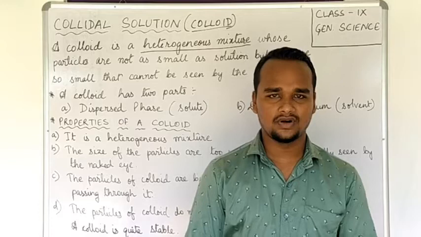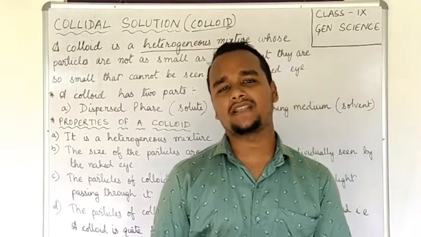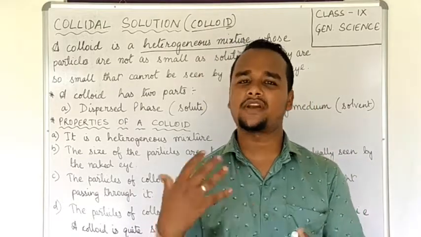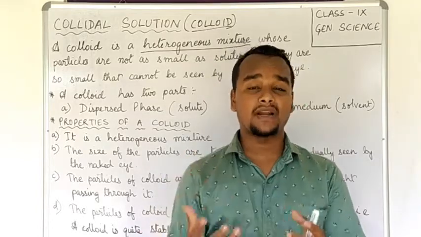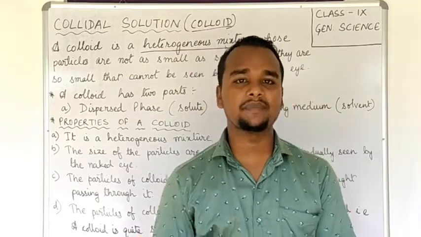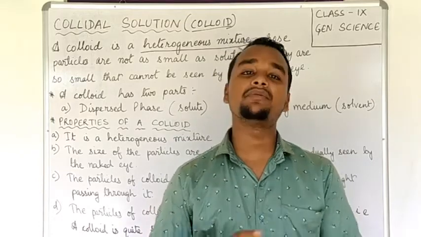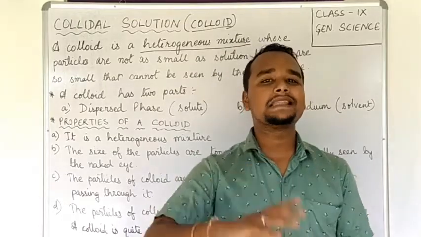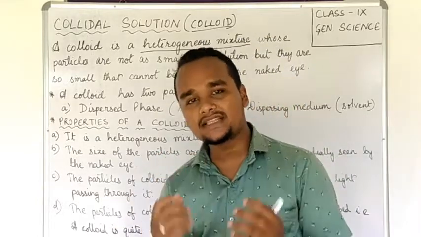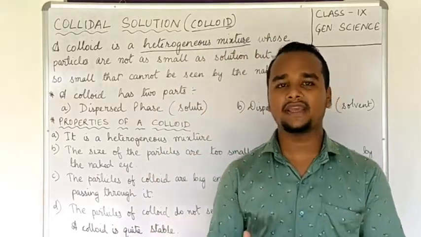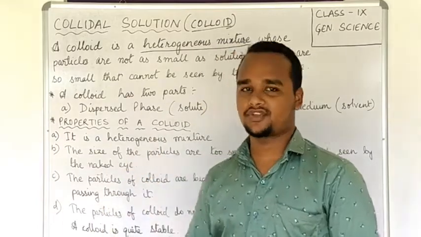Definitely not. What will happen if you pass light through a colloid? The particles present in the milk will scatter the beam of light. This is the main reason why milk is categorized as a colloid, and this reason is enough to indicate that a colloid is a heterogeneous mixture.